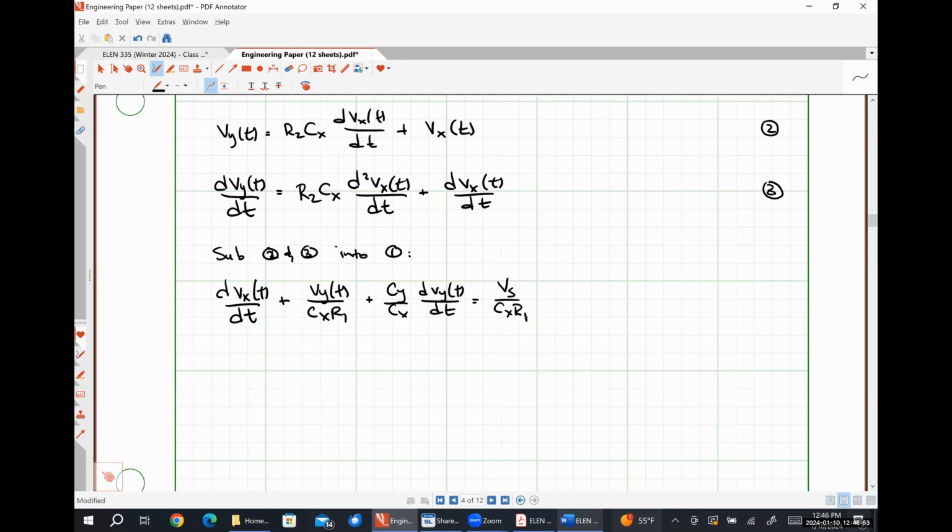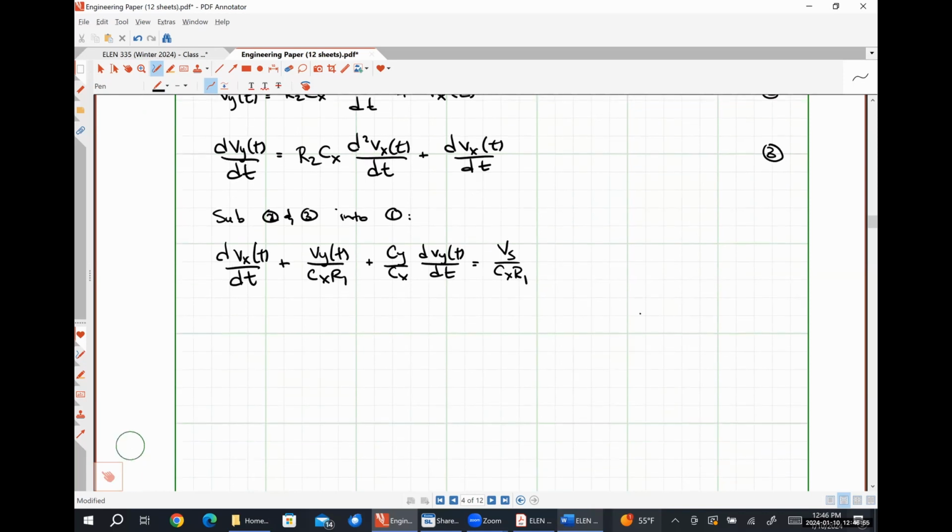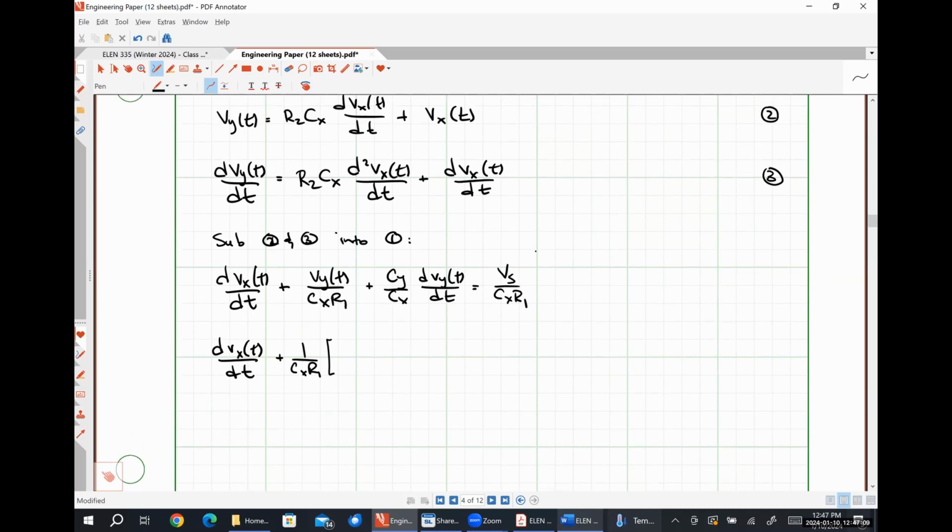Now I'm going to do the substitutions. So Vy is up here, so that's R2 Cx times the derivative of Vx with respect to time plus Vx.